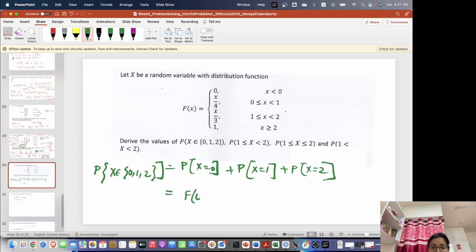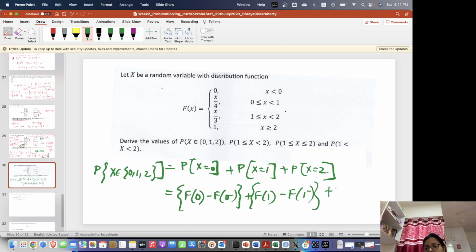This is f0 minus f0 minus, plus f1 minus f1 minus, plus f2 minus f2 minus.